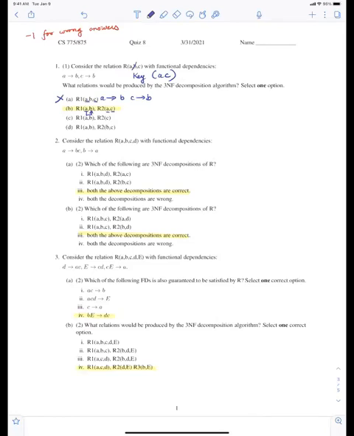But let's just go down and check the rest of the tables. In the next option, you have tables R1 and R2, but there is nothing that connects the 2 tables. So you cannot get the original table back because there's no intersecting attribute. The same thing with the third one. And if you look at option D, you have AB and BC with the intersection being B between the 2 tables.